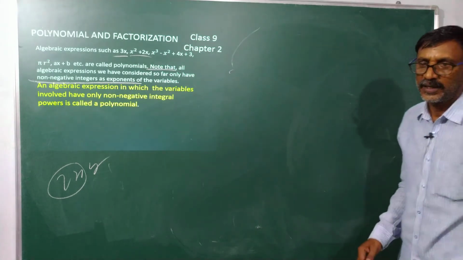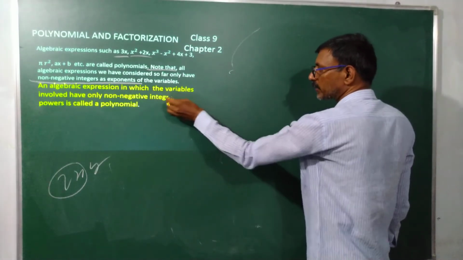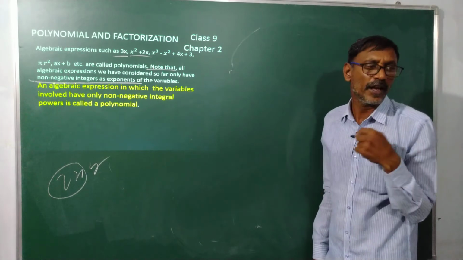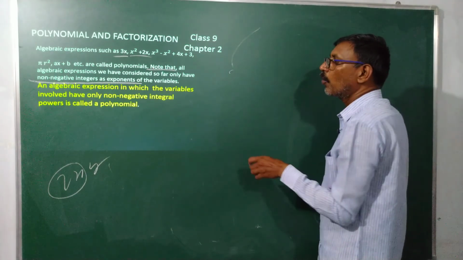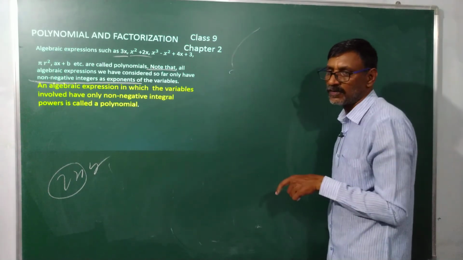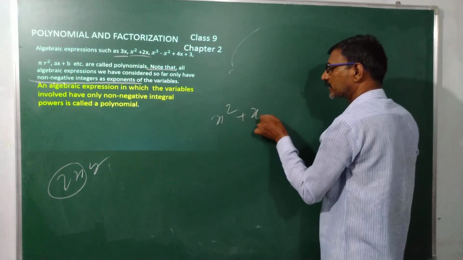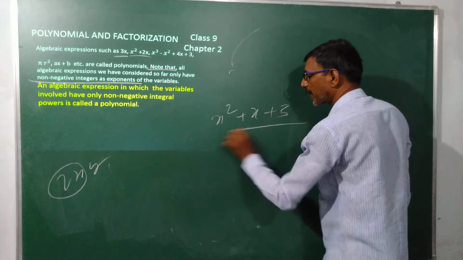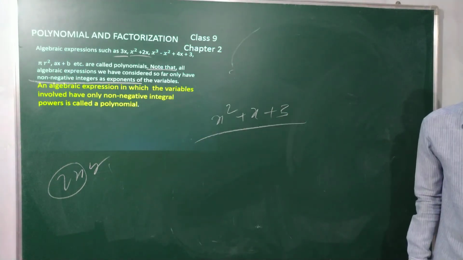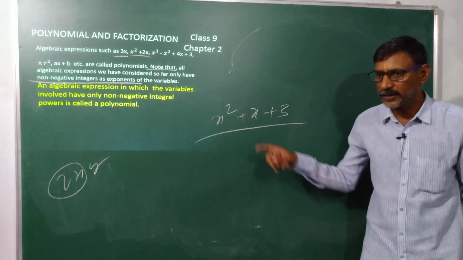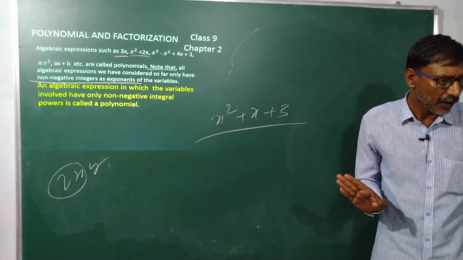That's the reason, he gave a definition. An algebraic expression in which variables are involved with only non-negative integer powers is called a polynomial. For example, x square plus x plus 3 is my polynomial. Its powers are positive, therefore it is a polynomial.